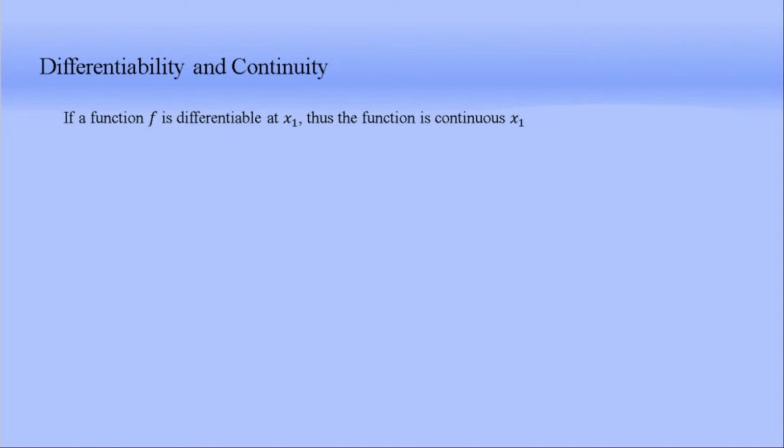Meaning, if a function has a derivative, or is differentiable, then it is continuous at the given point. Now, what if the function is not differentiable? If a function is discontinuous, therefore it is not differentiable and we cannot find the derivative of that function.